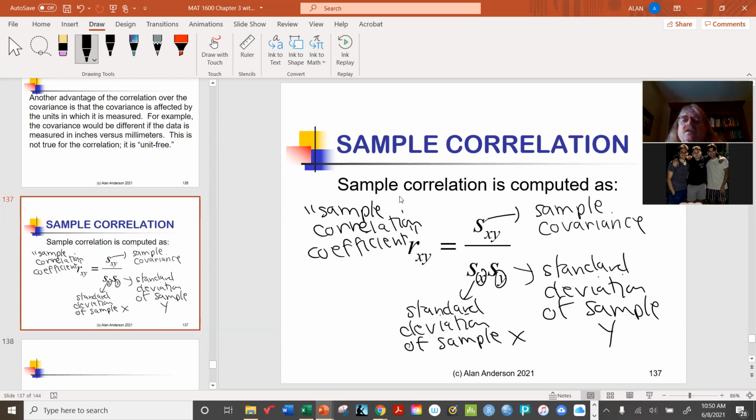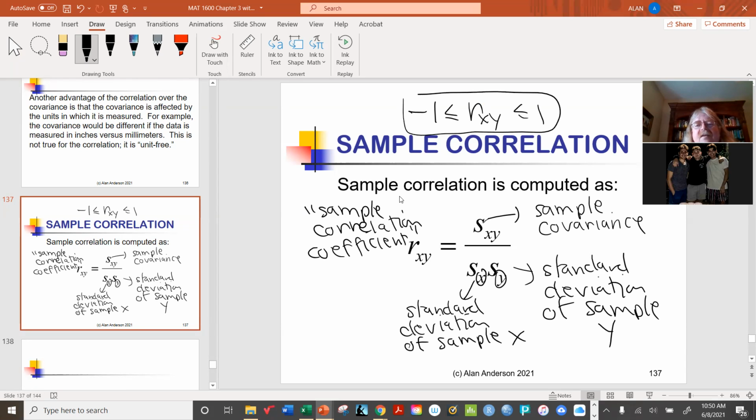So basically, once you know the sample covariance, you simply divide by the two standard deviations and you'll have your sample correlation. And again, because of the way it's calculated, this measure is always between positive 1 and -1. And that's one of the nice things about it.